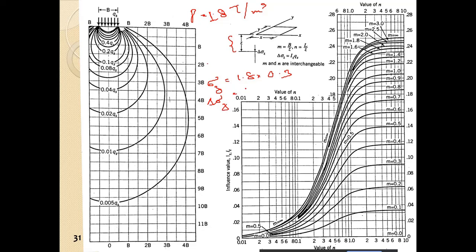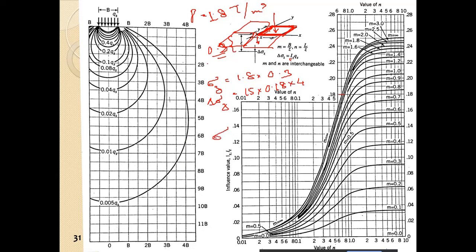We have 15 ton per meter square on the plate, times the influence factor Iz, that is 0.18, or 0.177 as the book gives, into 4, because this is 1/4 and there are 4 consecutive parts, so we will have 4 times this stress.